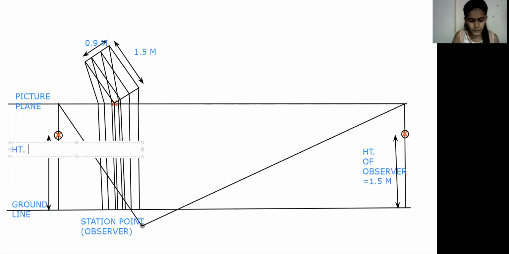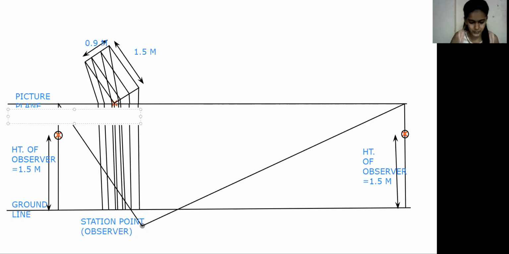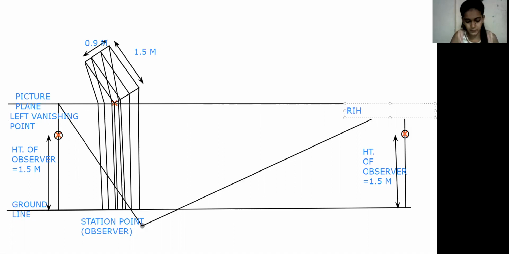On this side also, the height of the observer is 1.5 meter, and those marked points are the left vanishing point and the right vanishing point. This side is the right vanishing point.